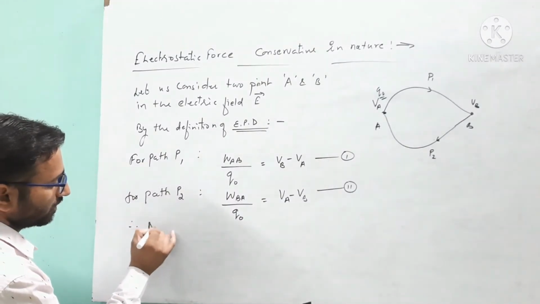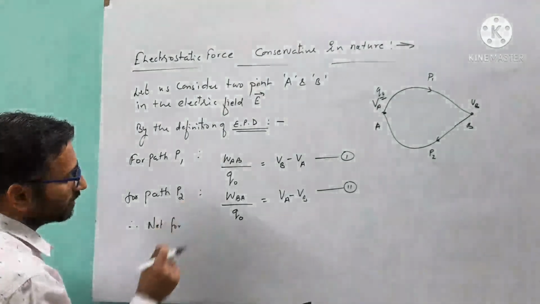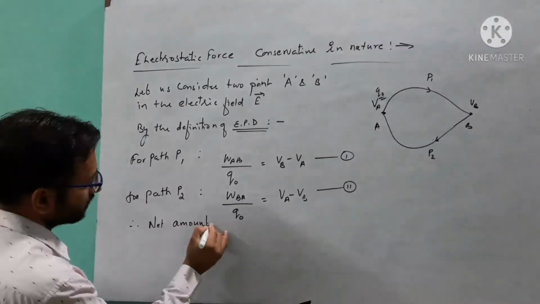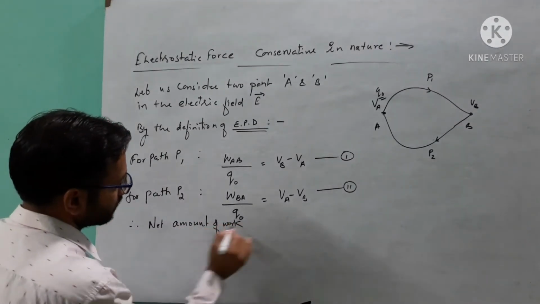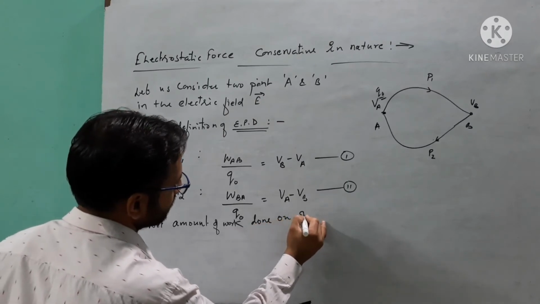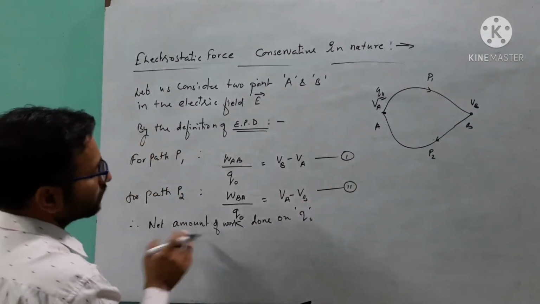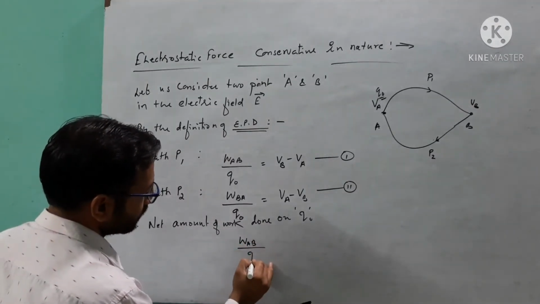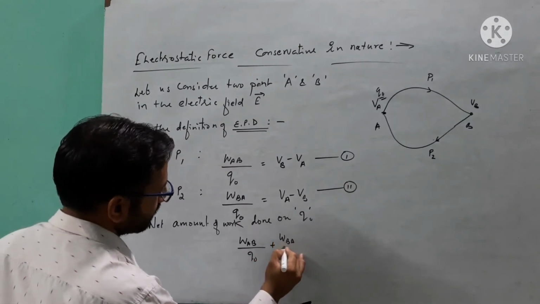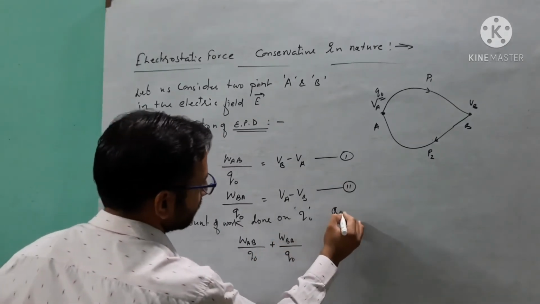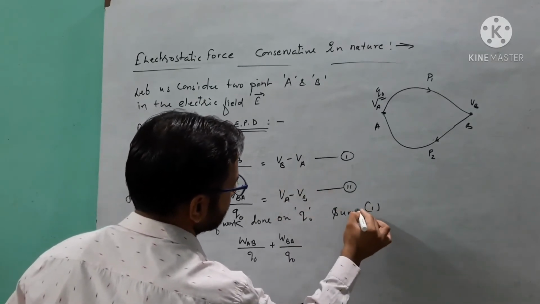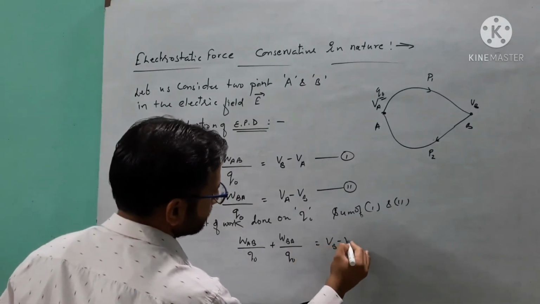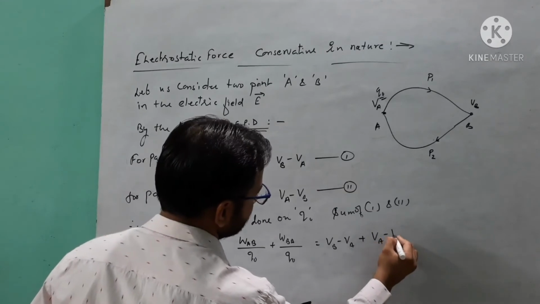So the net amount of work done on Q naught, or you can say charge Q if you want, will be WAB upon Q naught plus WBA upon Q naught, the sum of the first and second equation. So it will be VB minus VA plus VA minus VB.